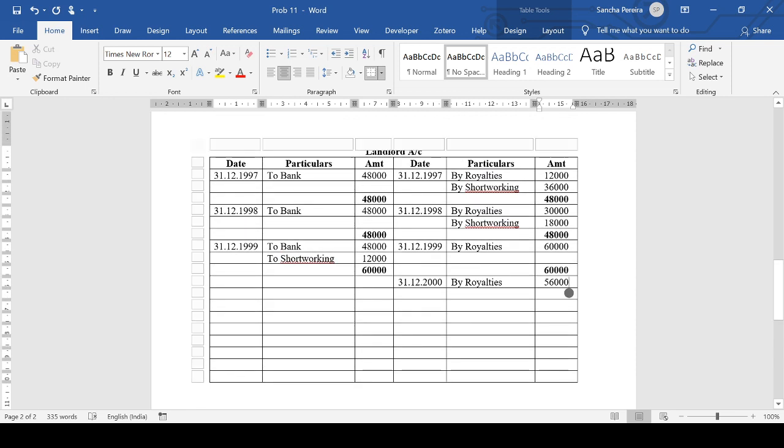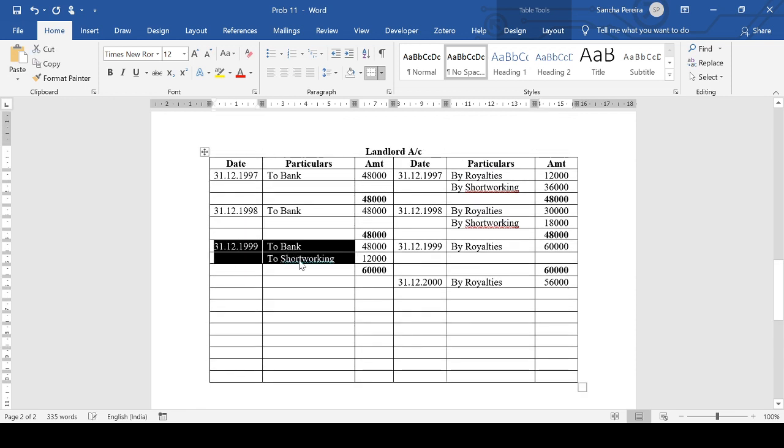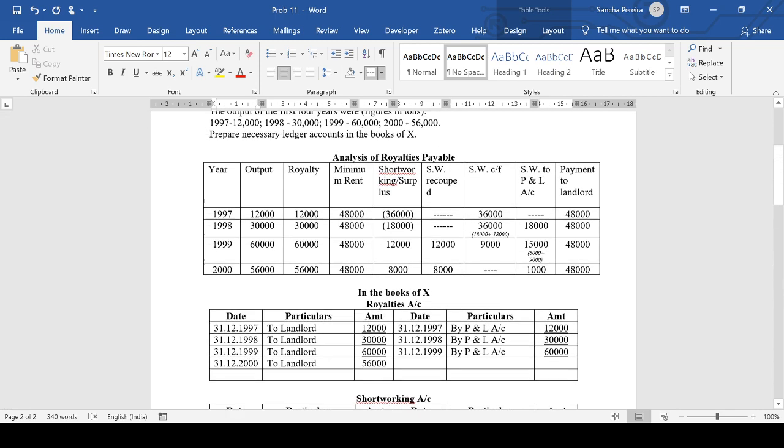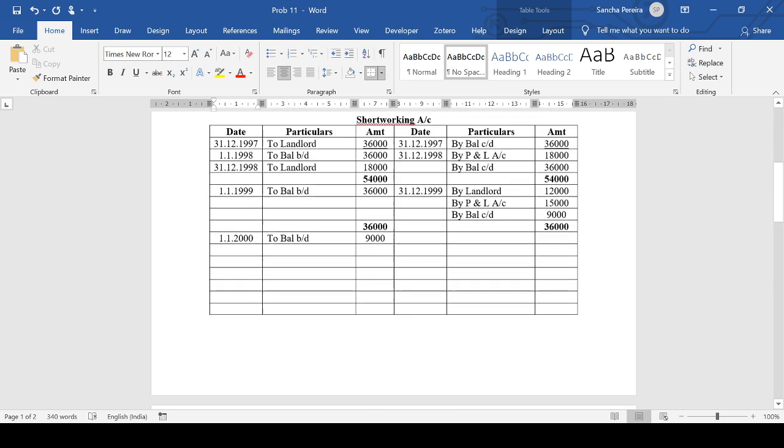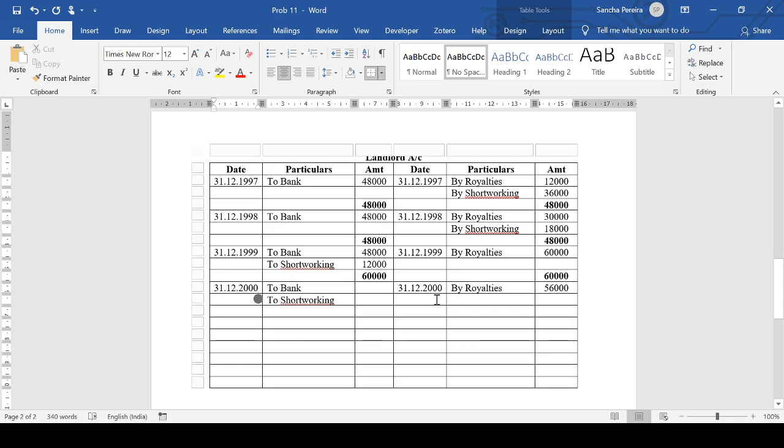Then we go to the payment, landlord account to bank. To bank and to short working. So let's see how much is the payment made. The payment made in the last year is 48,000. Short working recouped is 8,000. So out of 56, 48,000 has been paid and 8,000 has been used for recoup.